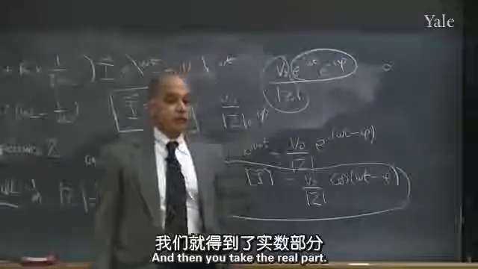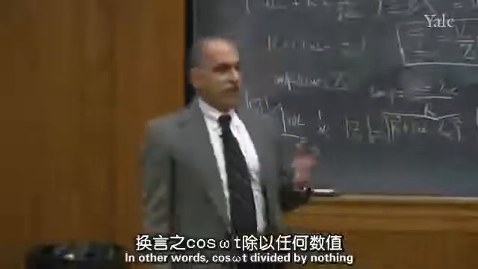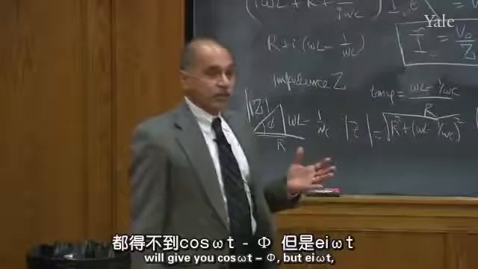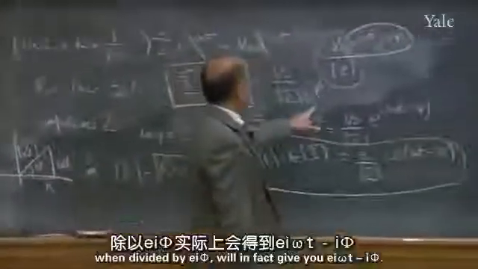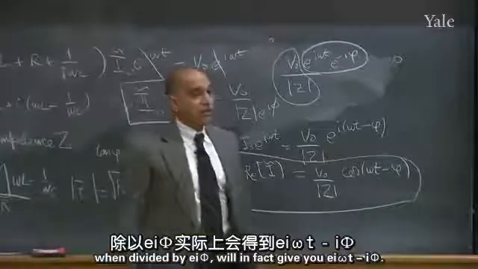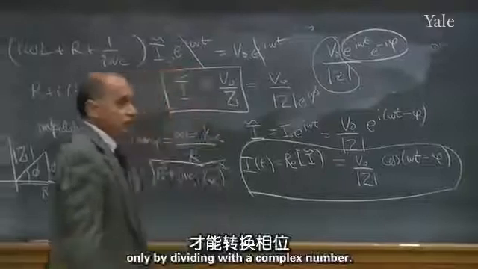And then you take the real part. In other words, cos ωt divided by nothing will not give you cos(ωt − φ). But e^(iωt), when divided by e^(iφ), will in fact give you e^(i(ωt − φ)). So that phase shift you can produce only by dividing with a complex number.